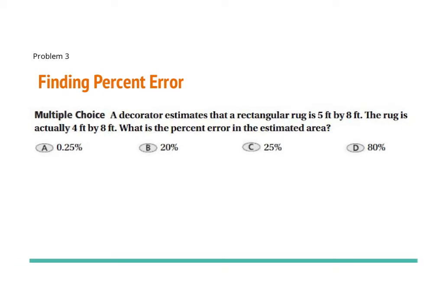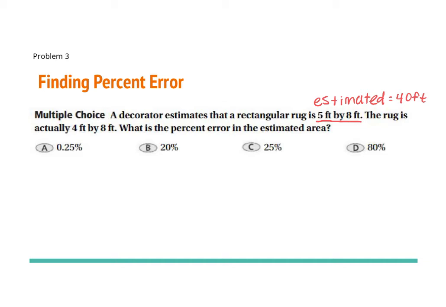That's relative error. A decorator estimates that a rectangular rug is 5 feet by 8 feet. The rug is actually 4 feet by 8 feet. What is the percent error in the estimated area? So 5 by 8 is our estimated area, which is 40 square feet.